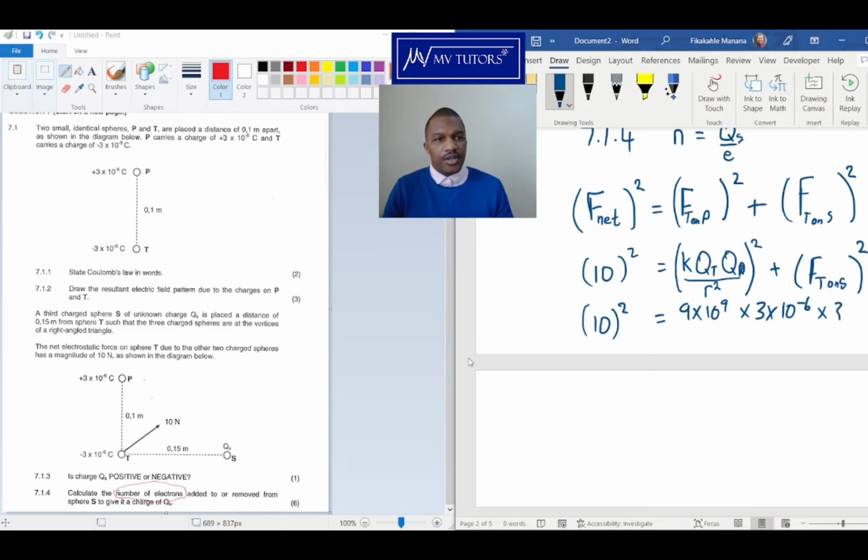QP is also 3 times 10 to the power minus 6, and this is all over the distance between them, which is 0.1, so it's going to be 0.1 squared, plus F of T on S squared. Okay.